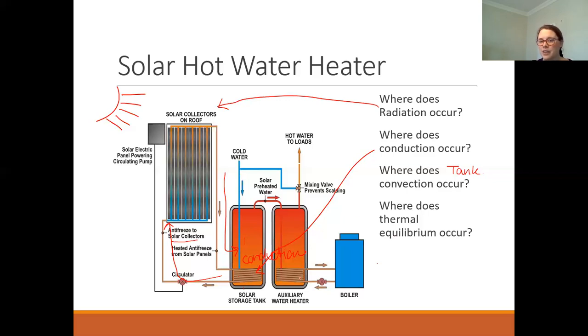By preheating the water, the boiler doesn't have to work as much. It's basically acting as a backup for us. I don't know if you discussed solar hot water heaters in any of your classes, but I thought it was kind of neat, and it makes us think about all of the components of heat transfer and why heat transfer matters.